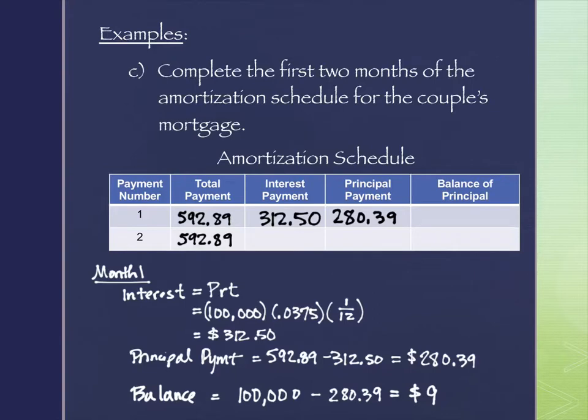Say it again. Okay. Everybody have that? I know not everybody's putting it in the calculator, but those of you who are, did it work out? Okay. That goes in my ending column. $99,719.61.